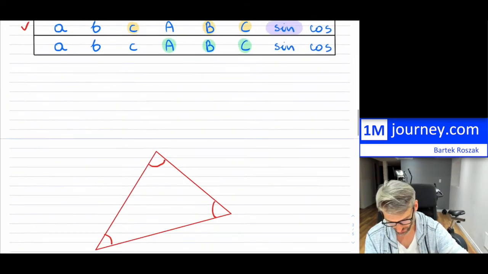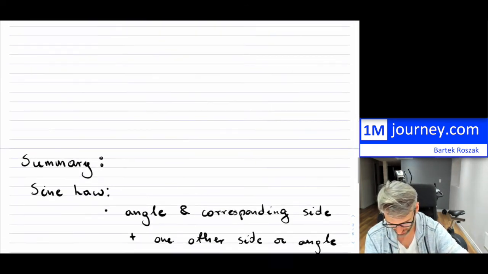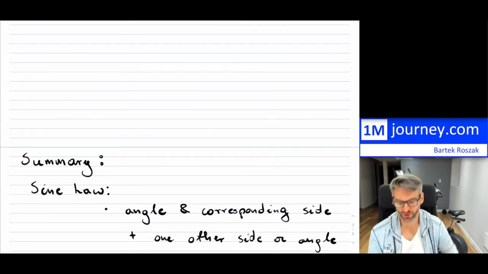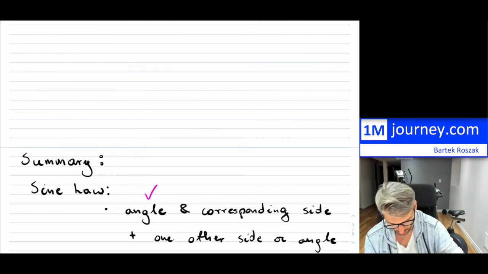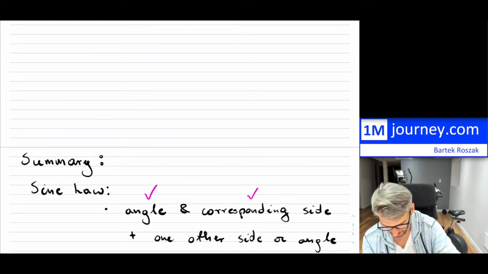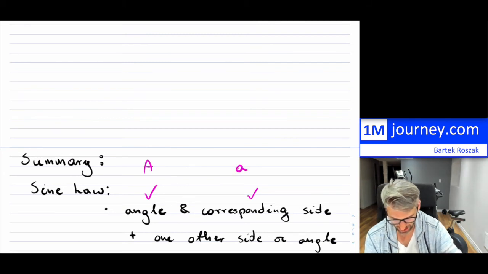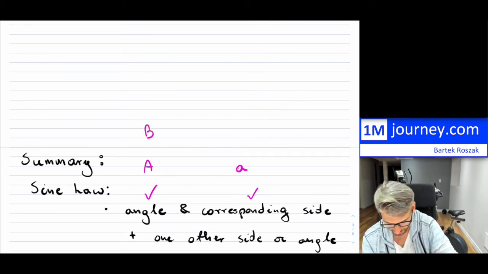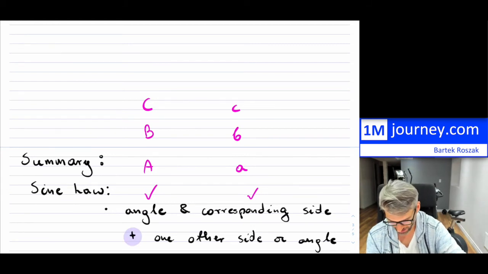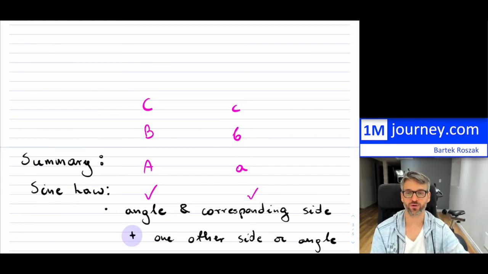For the sine law, you will always have an angle and the corresponding, meaning opposite, side given. So it is either going to be the angle A and the side A, the angle B and the side B, or the angle C and the side C. That has to be given, plus one other side or angle. That's when you will be able to use the sine law.